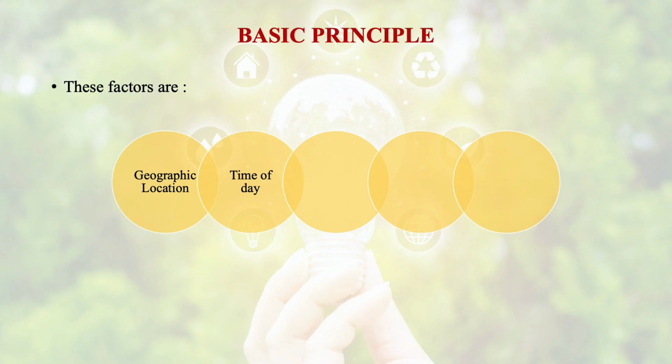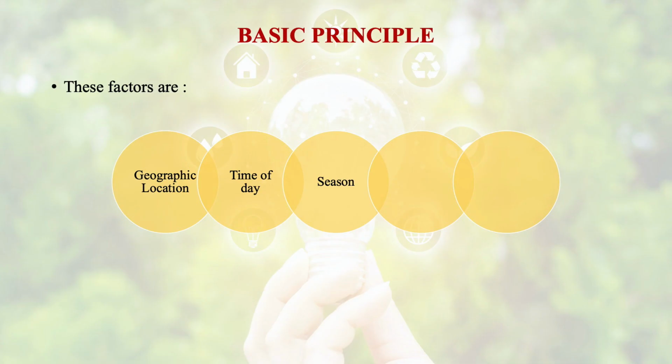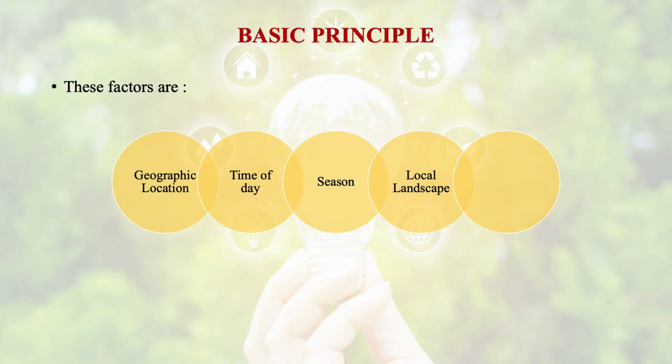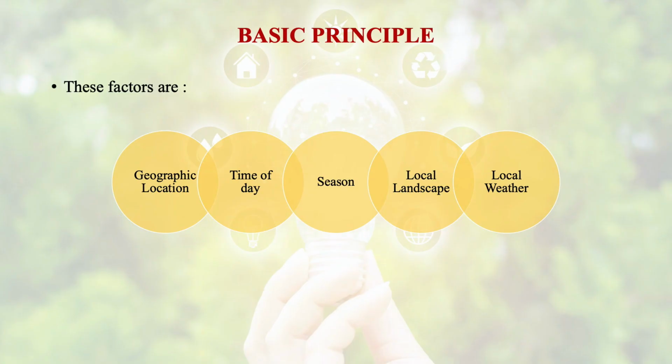Then time of day. At noon, you will get more solar radiation than in the evening or early morning. Then season. In the rainy season or in winters, you will not get as much radiation. How much solar radiation is reaching a particular landscape, that is also important. And local weather.